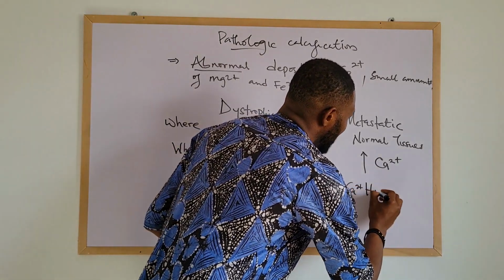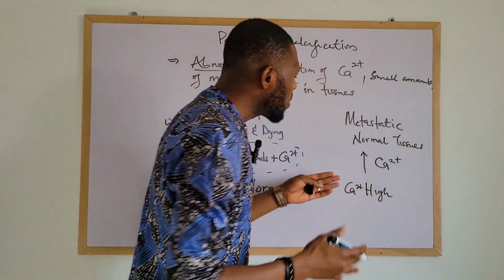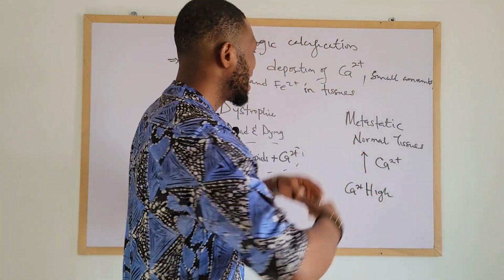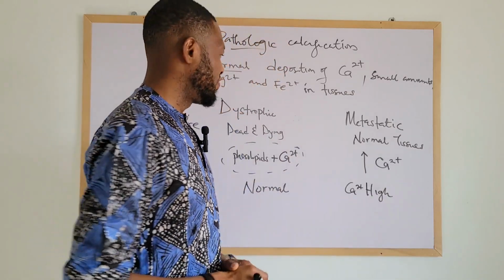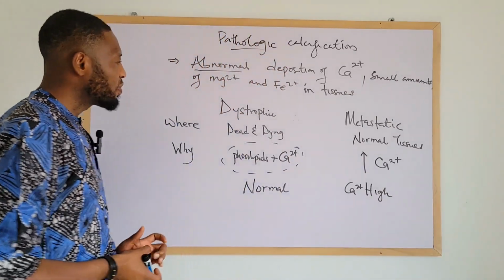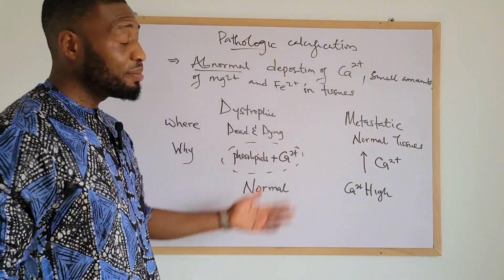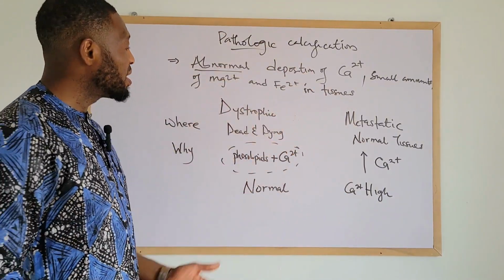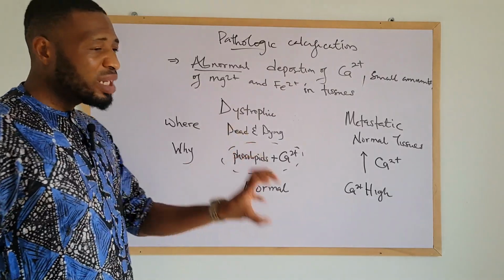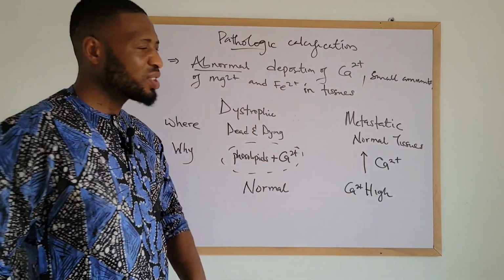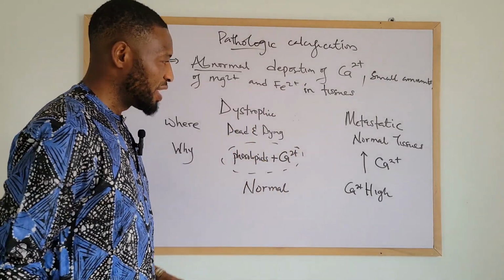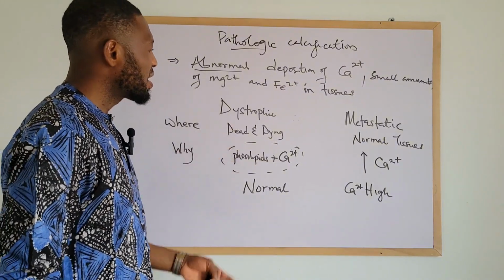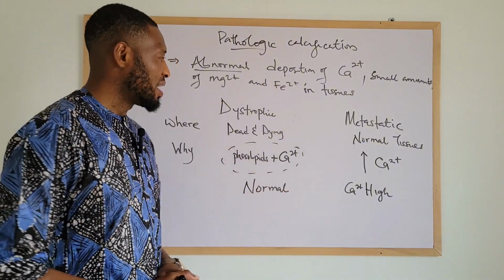And that is the reason why high levels of calcium will now interact with normal tissue and lead to calcifications. Okay, so because of that, metastatic calcification, as the name implies, can happen anywhere in the body, while dystrophic calcification can only happen in areas of necrosis or areas where tissues are already dying. Those are the major differences between dystrophic and metastatic calcification.